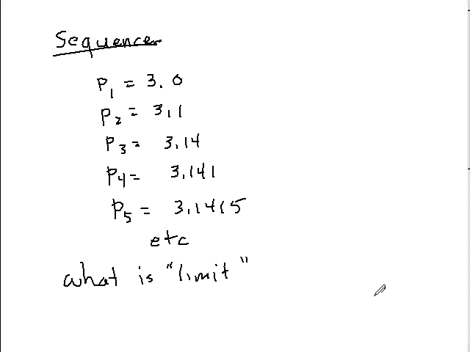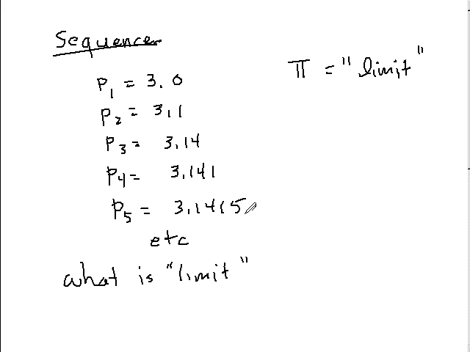And first of all, what do we mean by a limit? And the second, how do we compute the limit or verify the limit? So let's suppose we have a number pi, just pick a number, is the limit. Now we know it's the limit because of the way we're constructing a sequence, but what does the limit mean?